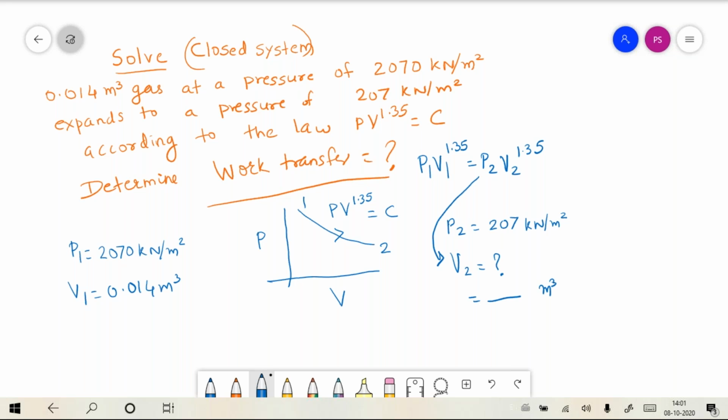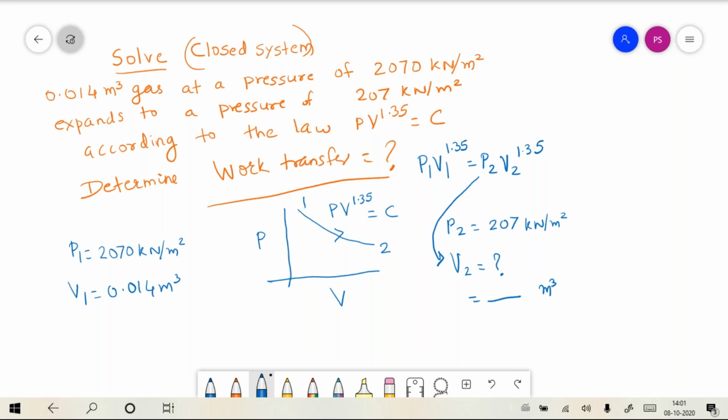So without waiting for your answers, let me write down the value of V2. That value becomes 0.077 meter cube. And the work transfer, because it is a polytropic process, we have derived this expression is P1 V1 minus P2 V2 upon n minus 1.